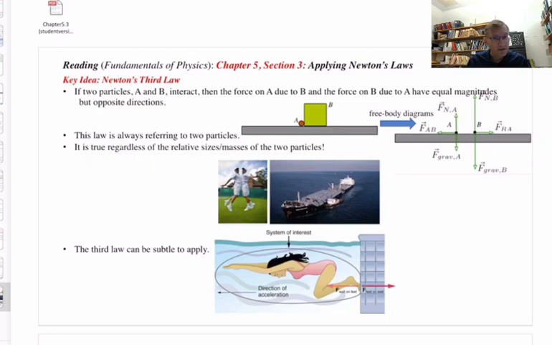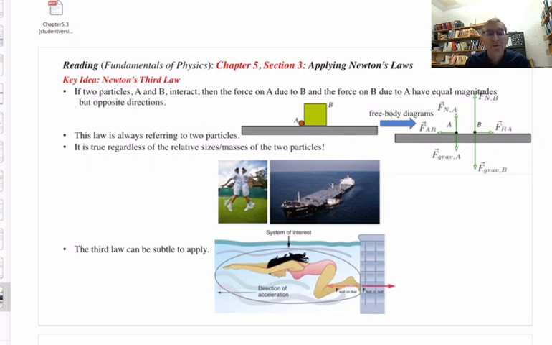The second law tells us that the acceleration vector equals the net force vector divided by the mass. And so, if we want to understand why a particular particle accelerates the way it does, we define that particle to be what we call a system. We draw a complete free body diagram for that system, and then apply Newton's second law to that system.